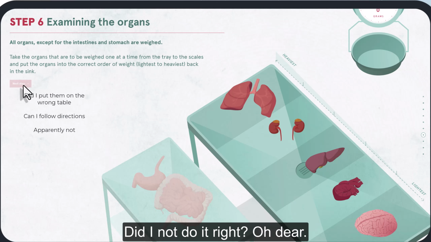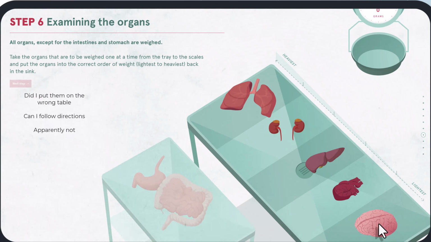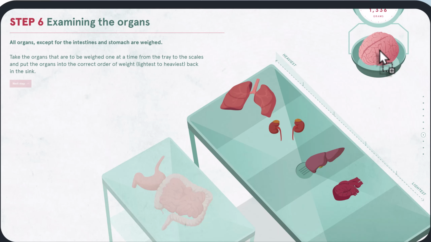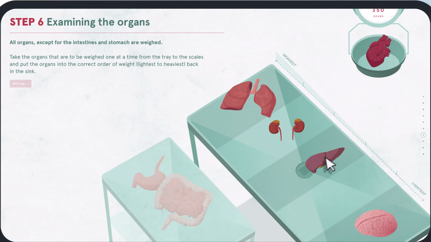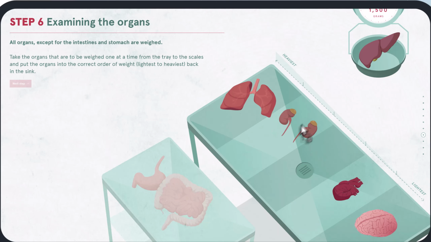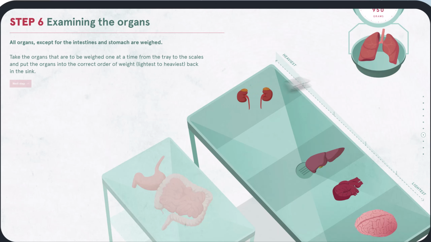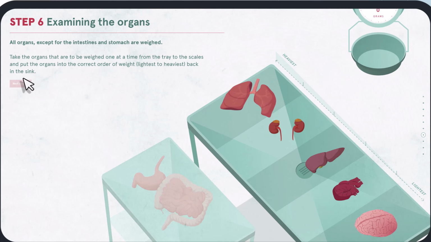Did I not do it right? Oh dear. Oh, maybe that's how it wanted to. Still no?